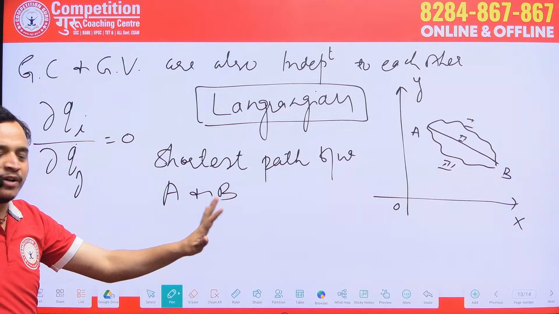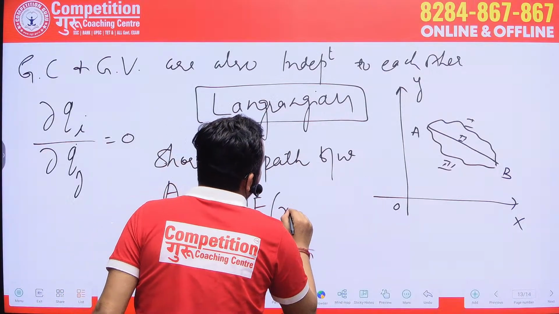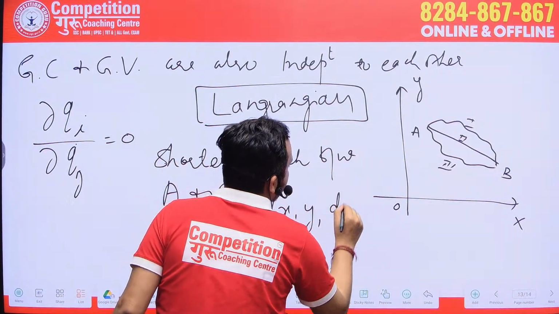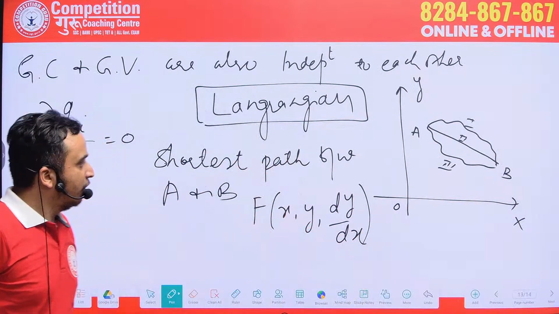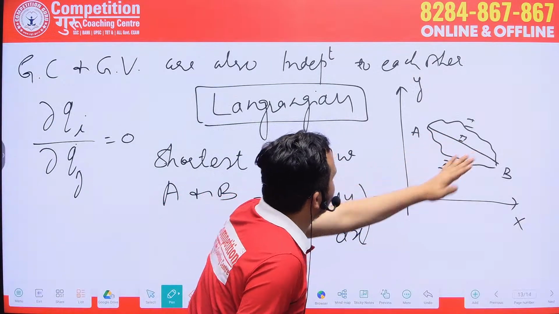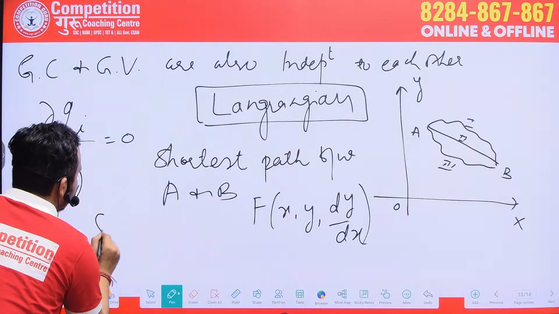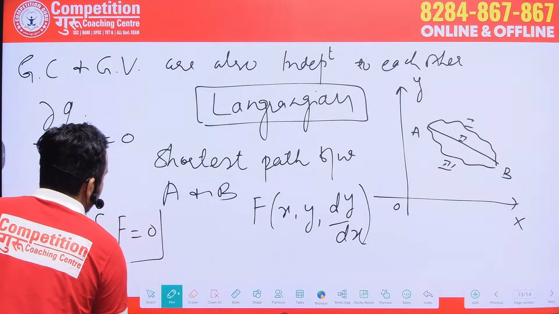In mathematics, we define some functional. What is a functional? A functional is a function of a function. We minimize this functional along the path: we take a change delta of this functional and set it equal to 0.